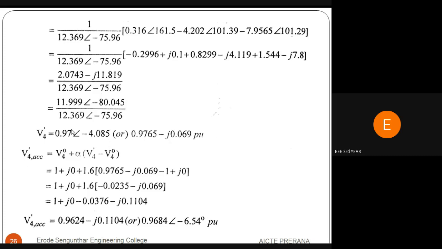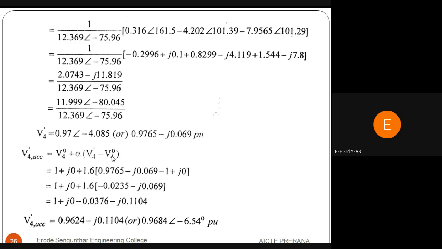After finding the new value of V4, we have to calculate the accelerated value. That is V4 accelerated is equal to V4 old plus alpha into (V4 new minus V4 old). V4 old value is 1 plus j0, and V4 new value is what we calculated just now, that is 0.9765 minus j0.069, and alpha value is 1.6.